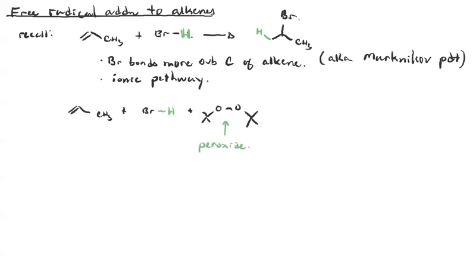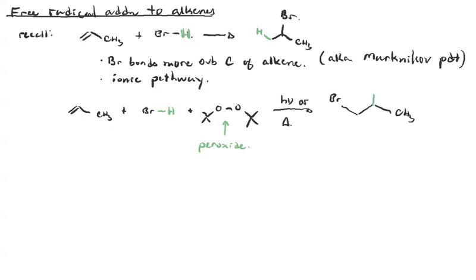So I end up with what we call the anti-Markovnikov product, or the product where the bromide is attached to the less substituted carbon of the alkene. These reactions typically use a little heat or light to get them going, and we wind up with this.